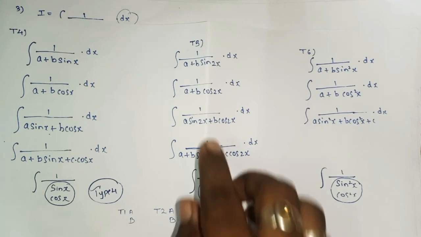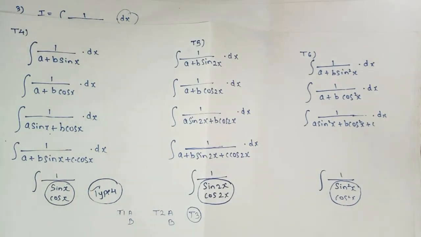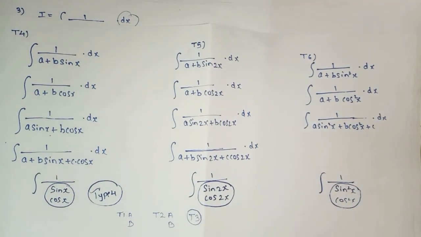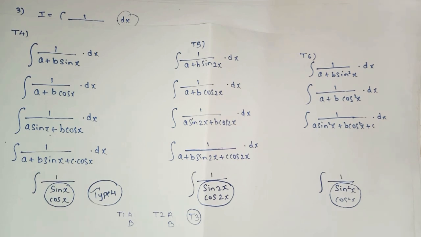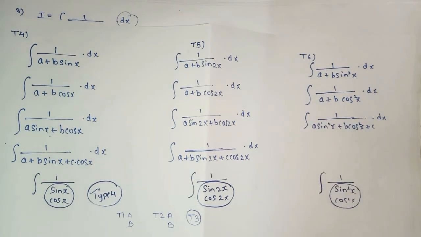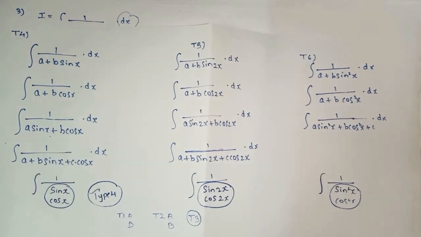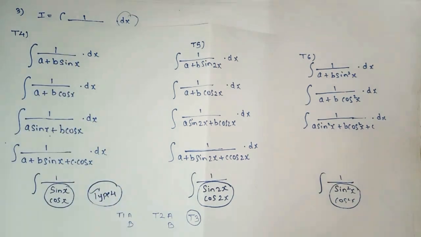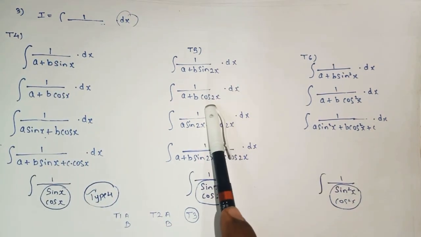So here clearly we can see what type number 5 is, and how to remember it. You can remember type number 5 as 1 upon sine 2x and cos 2x. So let's begin with type number 5, as now we have completed type number 4. What is the difference here? The format of the question will be that sine and cos will be replaced by sine 2x and cos 2x.